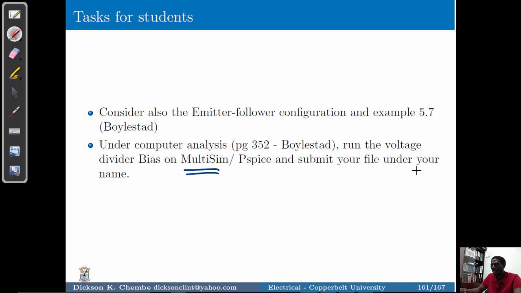You can submit that to me via email or via our group on Edmodo. Kindly also consider the emitter follower configuration and example 5.7 in Boylestad. You can go through that in your free time. And so in the next video, we're going to look at the examples.